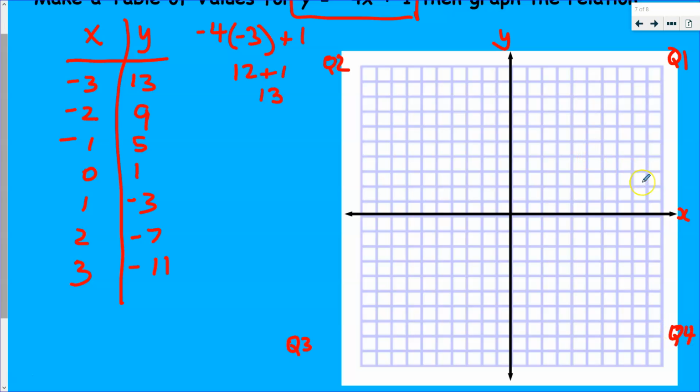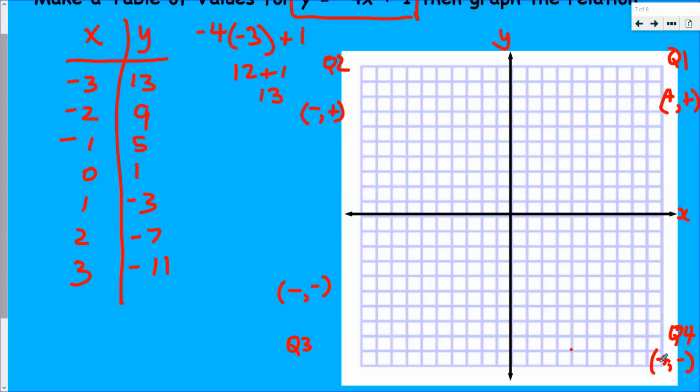I know that if it lands in quadrant 1, the numbers are going to be both positive. Quadrant 2 is going to be a -x and a positive y. Quadrant 3 is going to be a -x and a -y. And quadrant 4 is going to be a positive x and a -y.